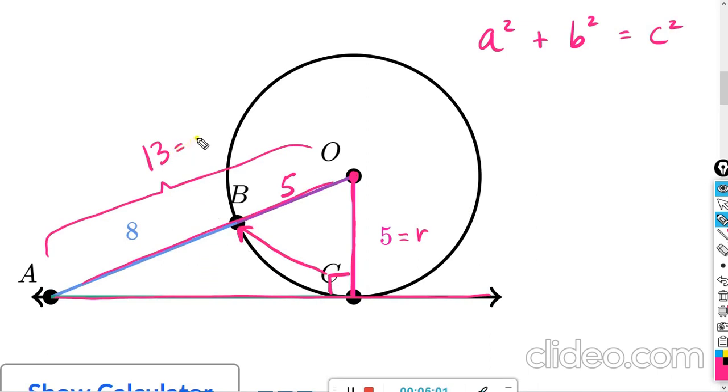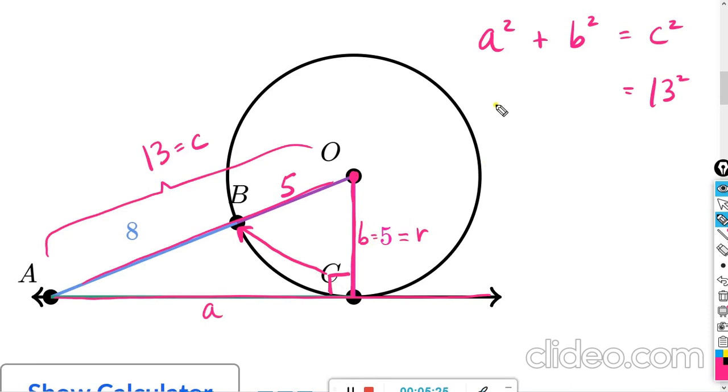That is 13, and that's what we're going to use for C. So for C squared, I'm going to use 13 squared. And A and B are the legs. This segment here, I'll call that A. And this side length right here, I'm going to call that B.